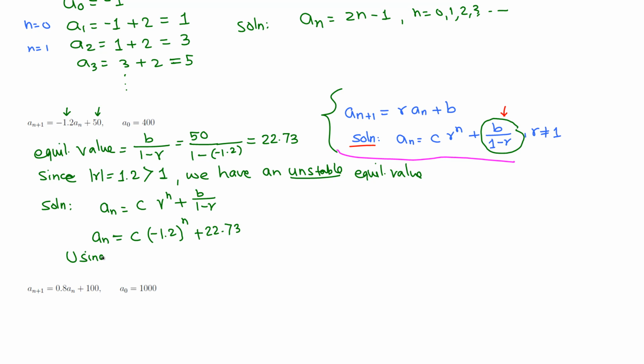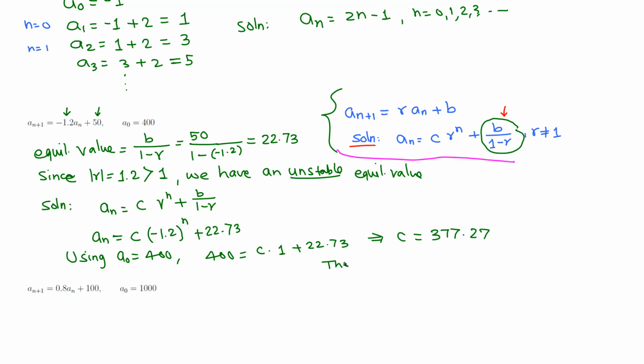So using a_0 equals 400, we get 400 equals c times negative 1.2 raised to 0, because a_0 means a sub 0, so n is 0, and something raised to 0 is 1, plus 22.73. Now subtract 22.73 from both sides, then c is isolated on the right hand side, and c equals 377.27.